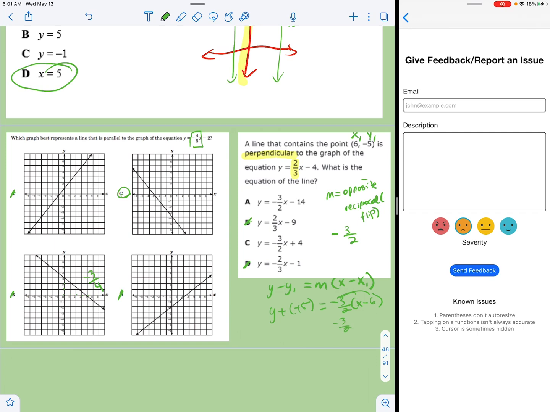So this becomes -3/2x. -3 times -6 is 18. So 18/2 is 9. This is y plus 5. Subtract 5 from each side. And we have y is equal to -3/2x plus 4. C.